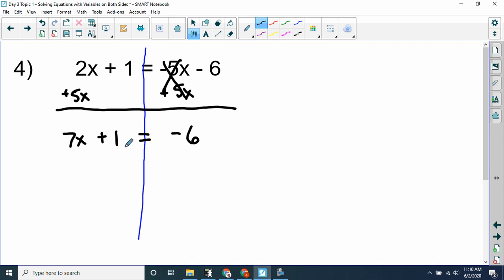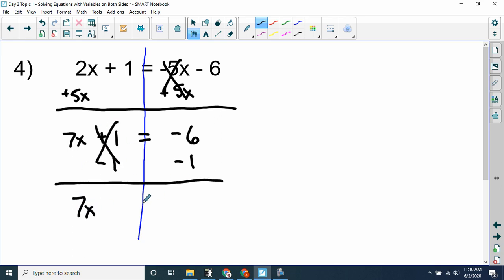Think about what's happening to x. We are multiplying by 7 and then adding 1. So I need to undo those steps. I need to undo the plus 1. I undo addition by subtracting 1. Negative 6 minus 1.